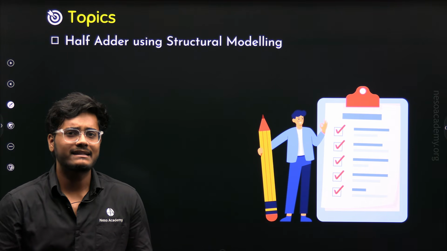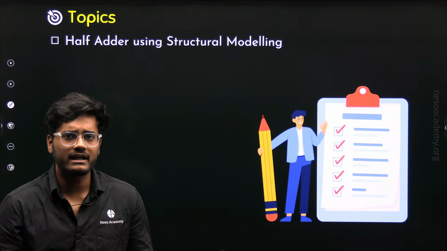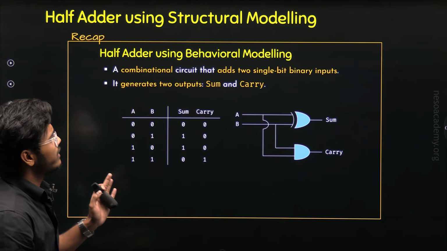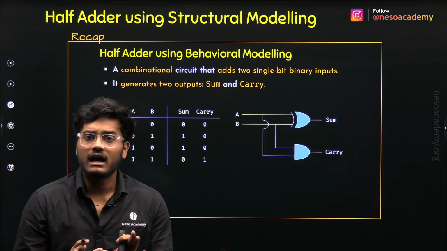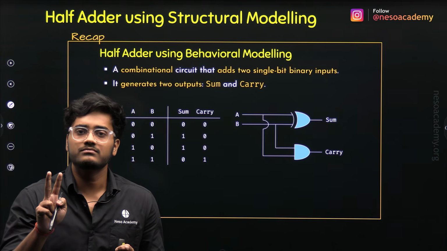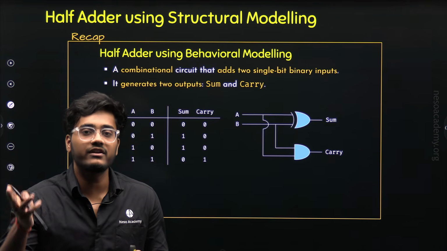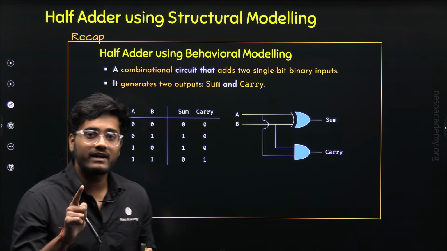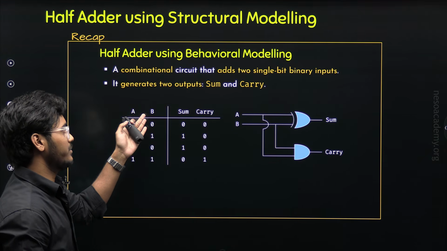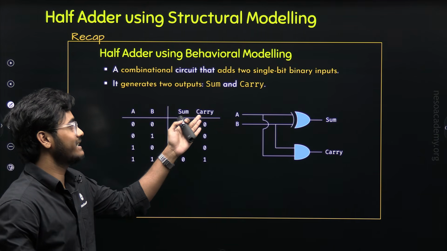Now, before implementing the structural modeling code for the half adder, let us quickly revise what is the half adder. In the previous lecture, we have already seen that the half adder is an adder that adds two single bit binary numbers without considering the input carry from the previous stage. So, half adder adds two single bit binary inputs A and B, and it generates two outputs, sum and carry.